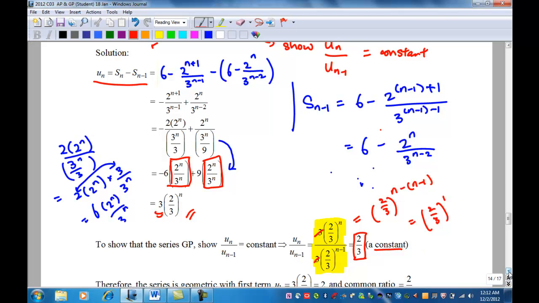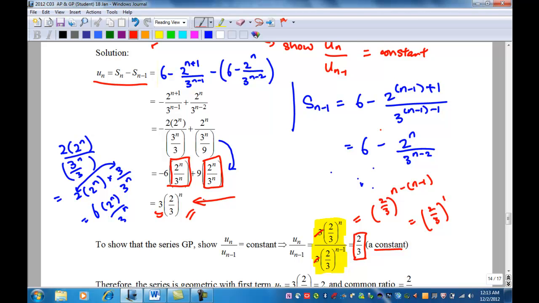However, remember that we are asked to state the first term and the common ratio. So from this result here, we know that 2/3 is our common ratio, and to get the first term, we need to get back to our result for the nth term here, and substitute in n equals 1.